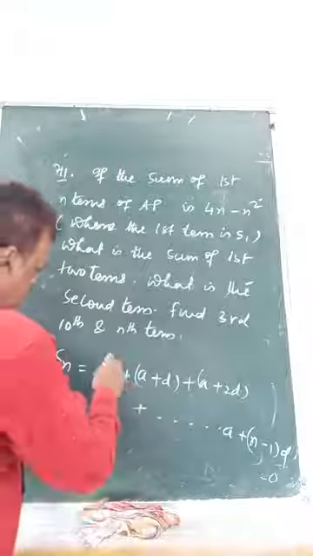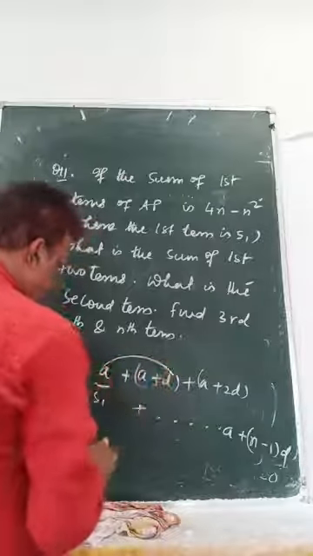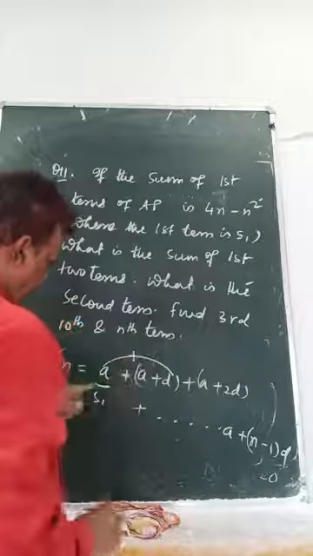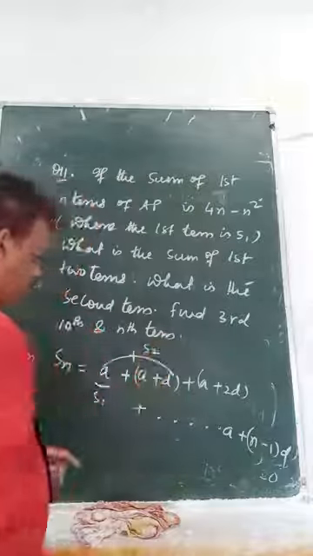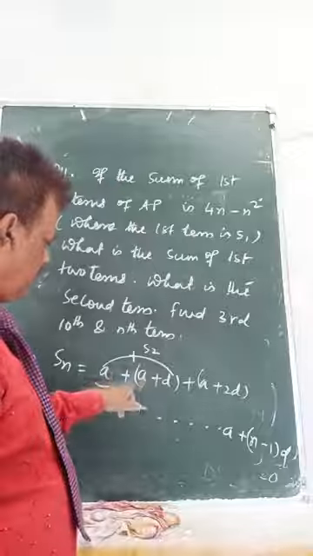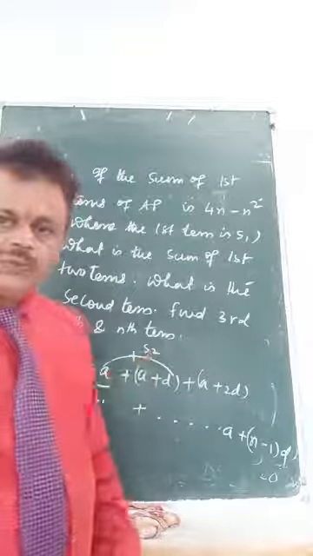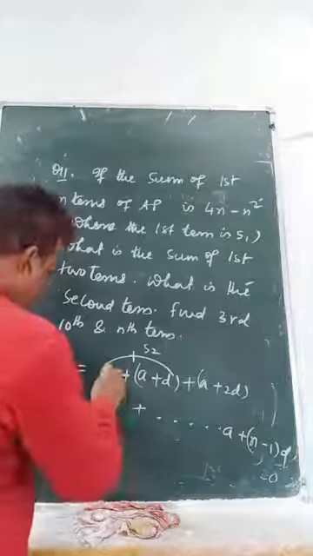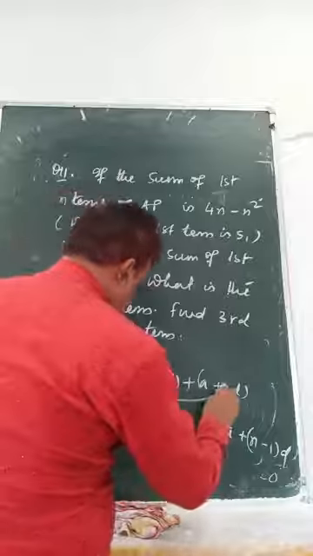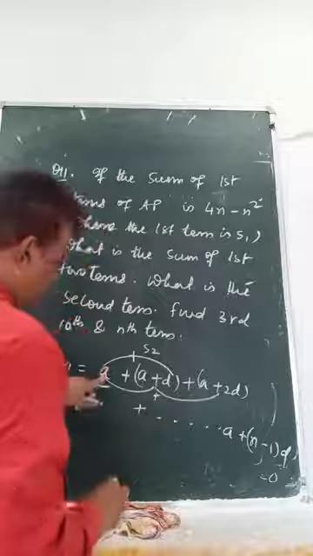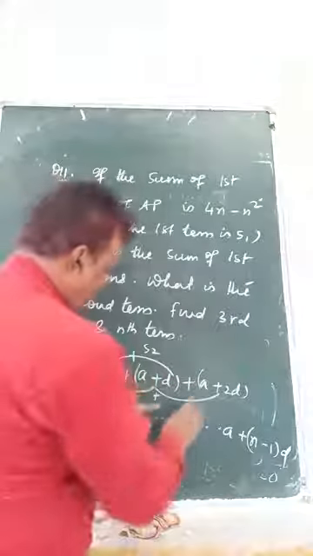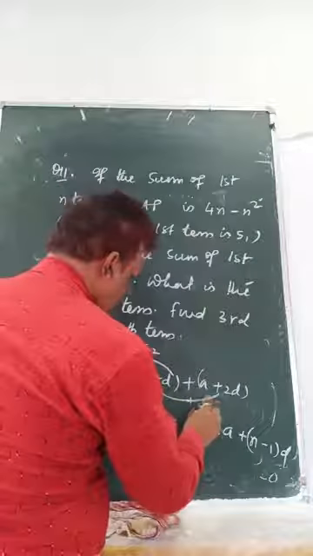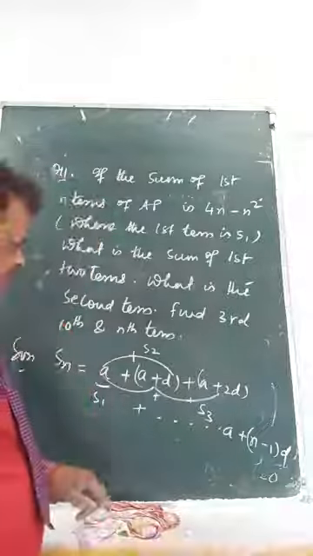When you go to these two, this and this together is called S2. That means a and a plus d will be called S2. Similarly, first plus second plus third is S3, like this.